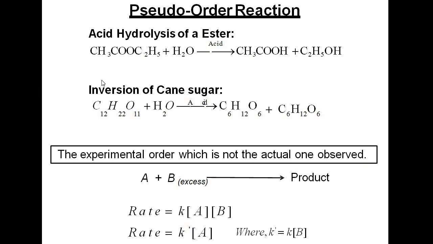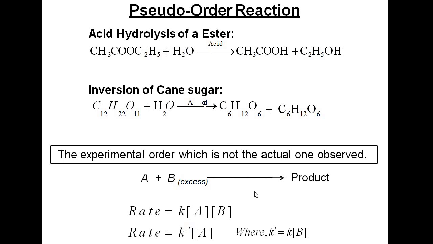For example, acid hydrolysis of an ester. When we take an ester and hydrolyze it, there is formation of acetic acid plus ethanol. In this case, it is assumed order of reaction will be 2, but in actuality when we find it, it comes out 1, because water is taken in excess and anything in excess will not participate in the reaction.